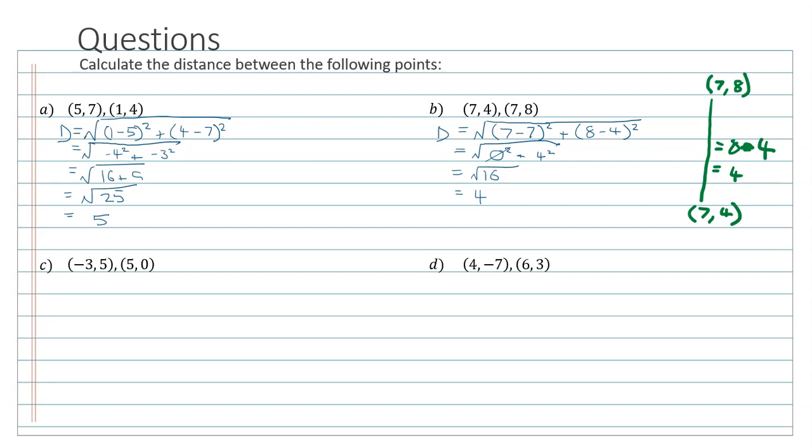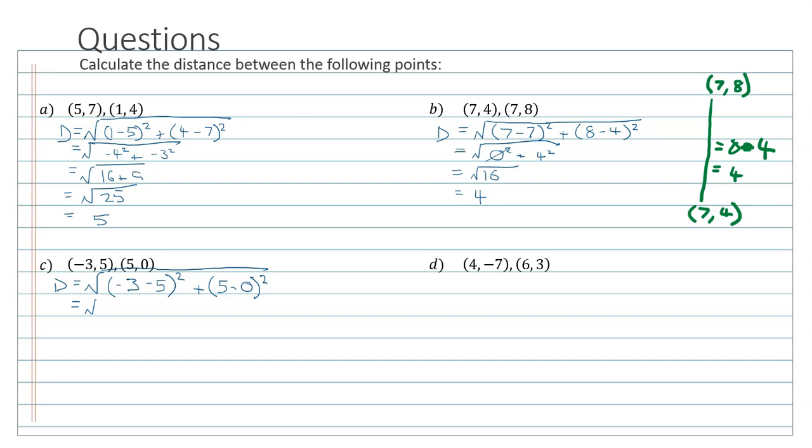Now going on to another example, we've got d equals square root of, we'll say negative 3 take away 5 all squared plus 5 take away 0 all squared. Computing this, we've got negative 3 take away 5.